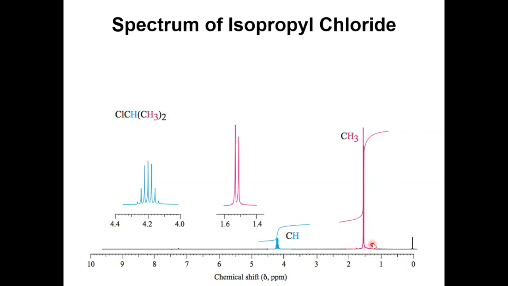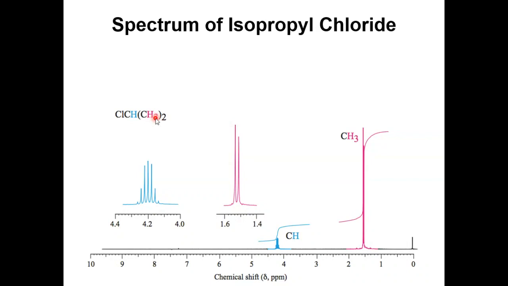Now let's look at the spin splitting pattern. If you zoom in on the 1.5 ppm peak, you will see it's a doublet. What can you read from this fact? It means that the protons that produce this peak, the 6 methyl protons, only have 2 minus 1 equal to 1 vicinal proton.